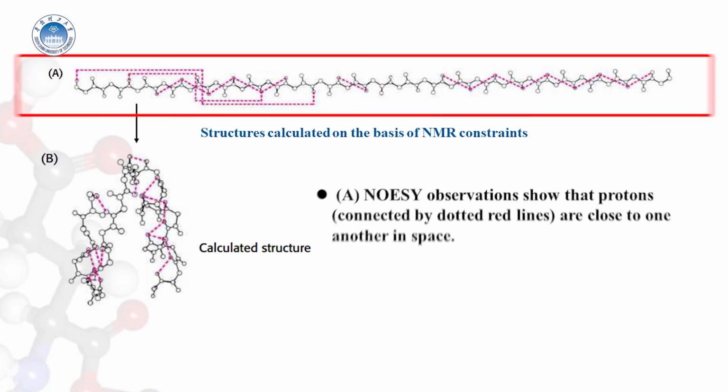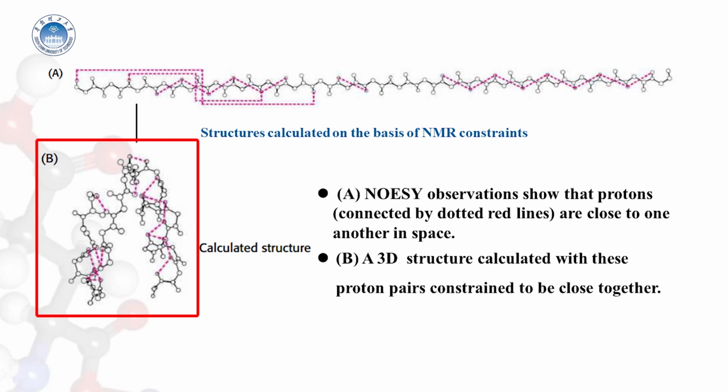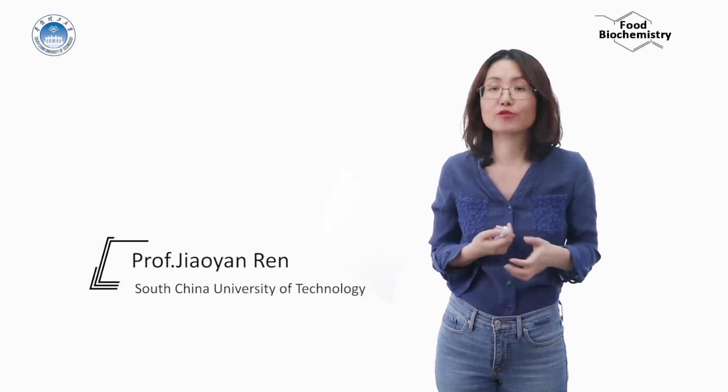The structures are calculated such that protons that must be separated by less than 5 angstroms on the basis of NOESY spectra are close to one another in the three-dimensional structure. If a sufficient number of distance constraints are applied, the three-dimensional structure can nearly be determined uniquely. So that is it for today, and thank you for your attention.